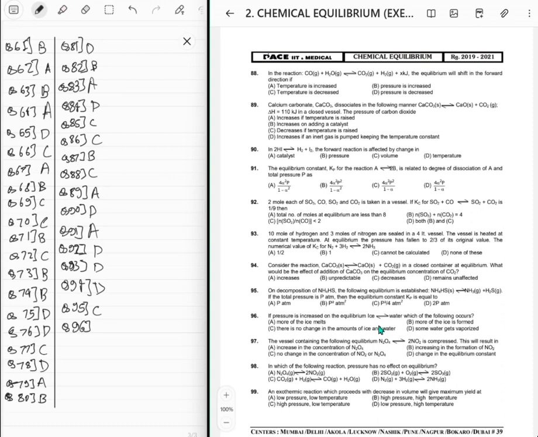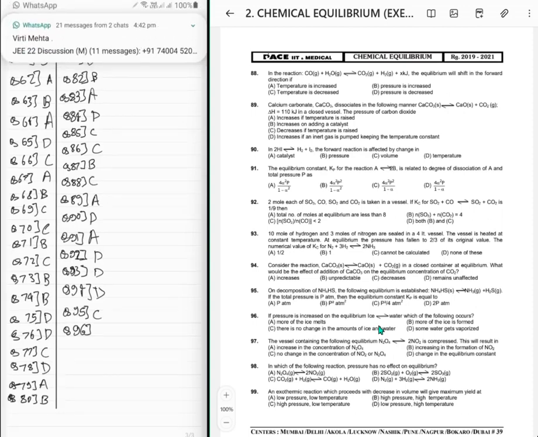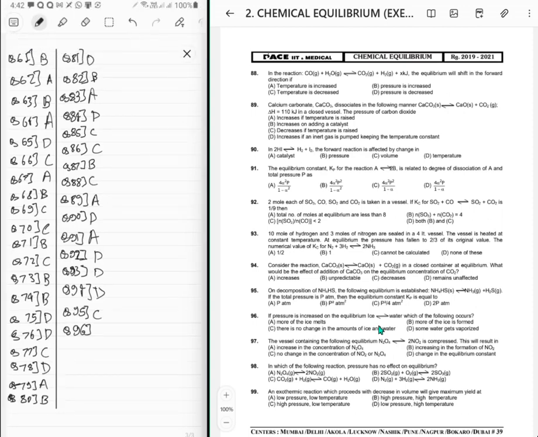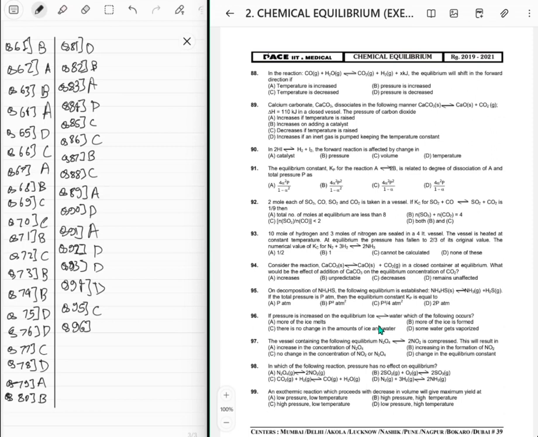But for ice water equilibrium, I think water would become ice, but no, why would that be? Oh no, this is getting into some thermodynamics territory. More of the ice melts. There is no change in the amount of ice and water.